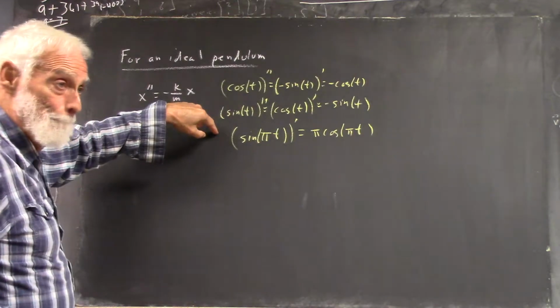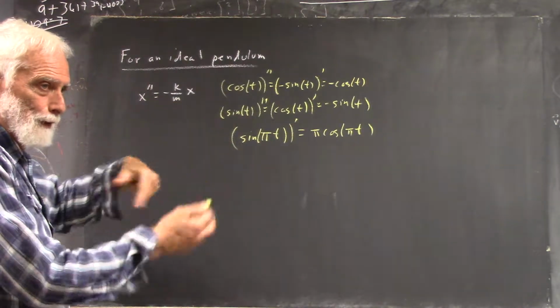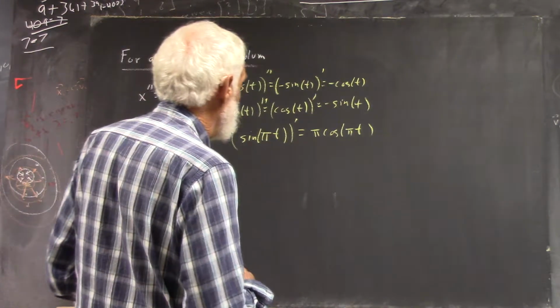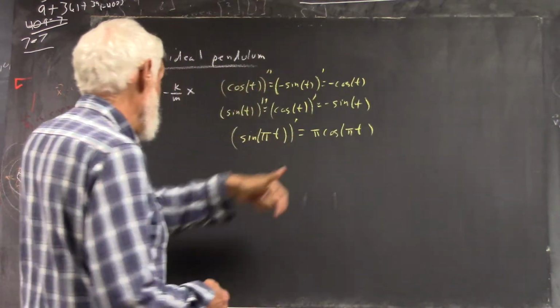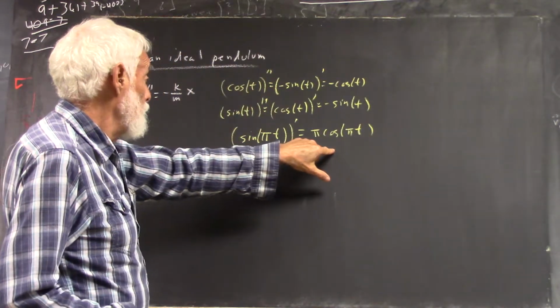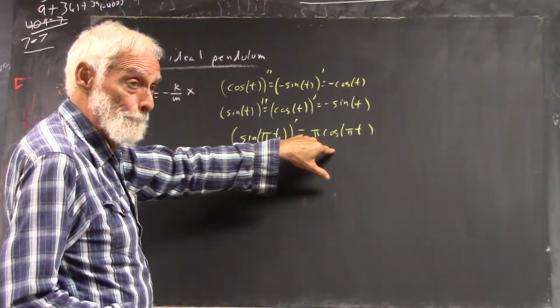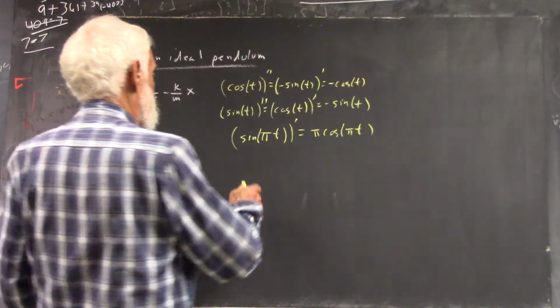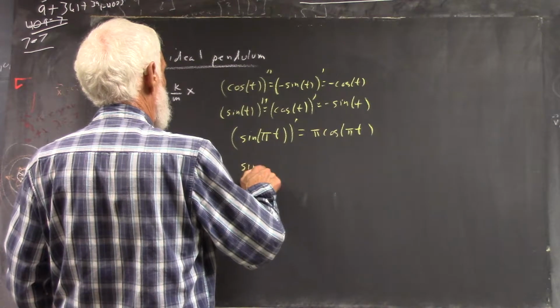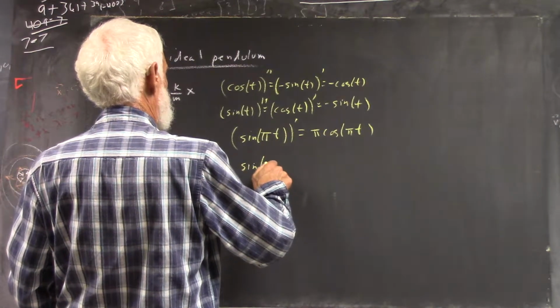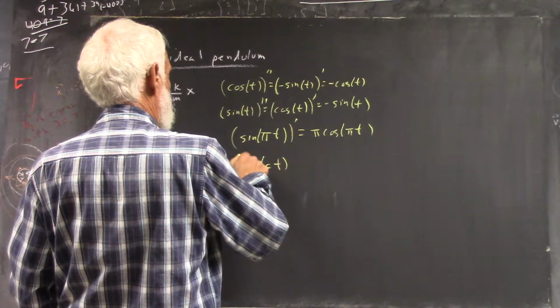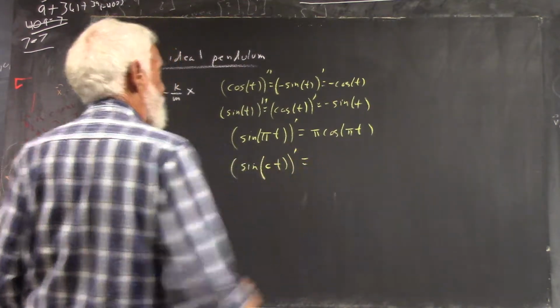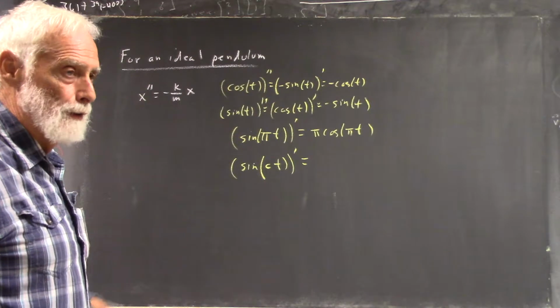So, okay, anyhow, you have this, right? So what is the derivative of the sine of c times t, where c is a constant number?